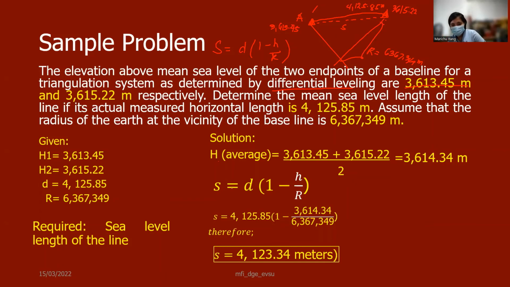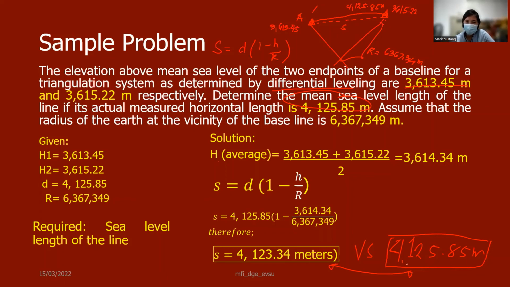So if you are going to compare versus yung ating original na distance, which is 4,125.85 meters, how much is the difference, around ilang meters yan? Around 3 meters. Around 2 to 3 meters.